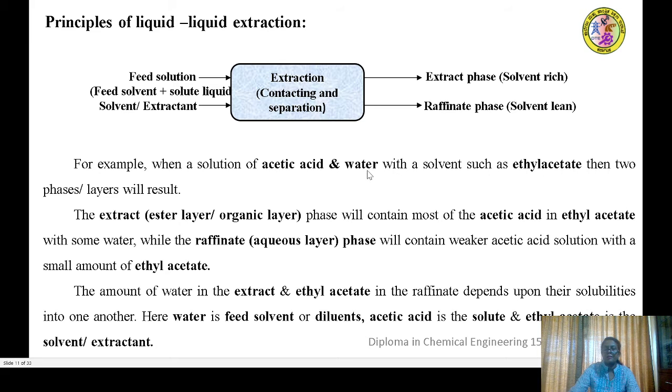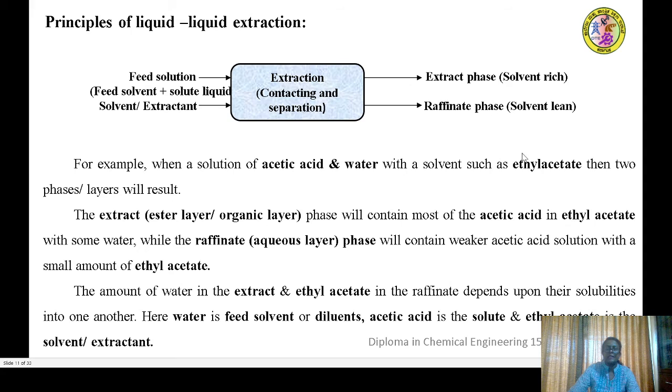So the solubility of water in ethyl acetate is very, very low. However, depending upon that solubility, some amount of water may get added to ethyl acetate. At the same time, a small amount of ethyl acetate may also get dissolved in water. So the amount of water in the extract phase and of ethyl acetate in the raffinate phase depends upon the solubility of one in the other.